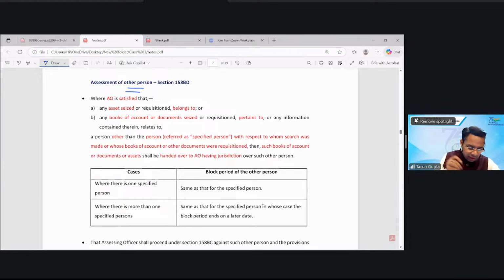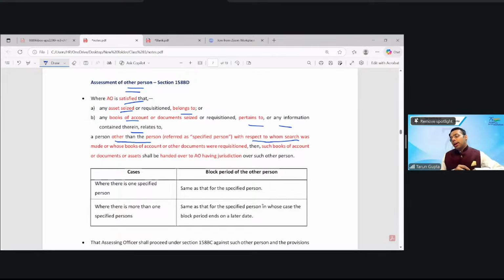What does it say? Where AO is satisfied that any asset seized or acquired belongs to, or any books of account or documents seized or acquired pertain to, or any information contained therein relates to a person other than a person with respect to whom search was made.